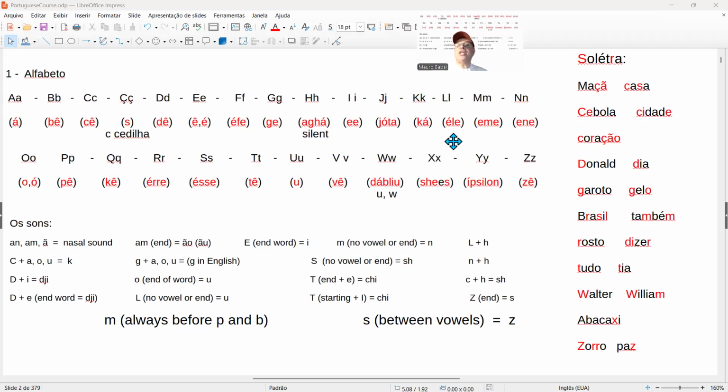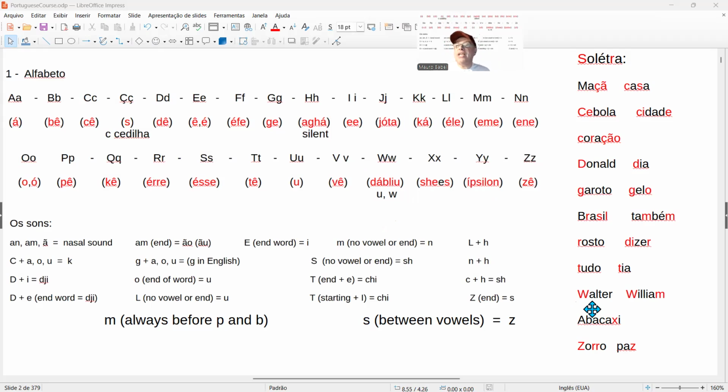And here, this is an American word, but in Portuguese, W has a V or a U sound. It depends. Some words you say it V, some words you say it U. In English it's Walter.